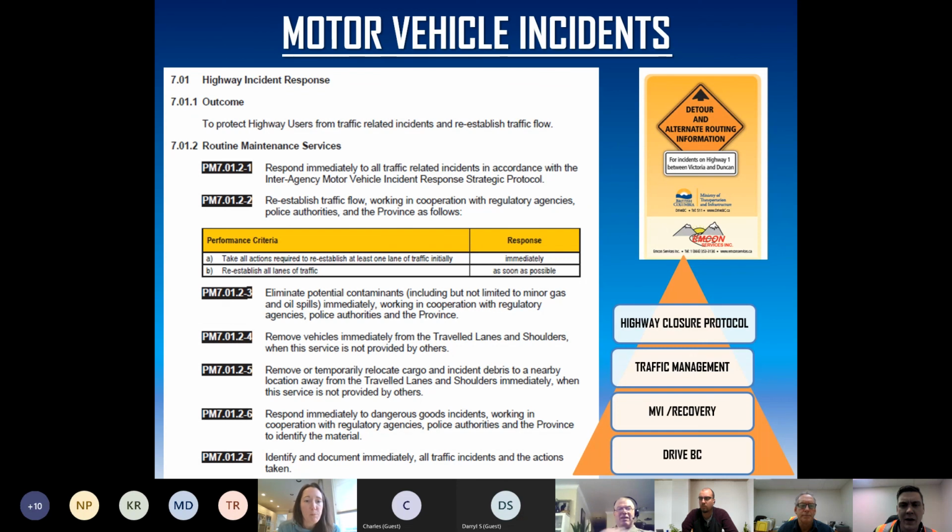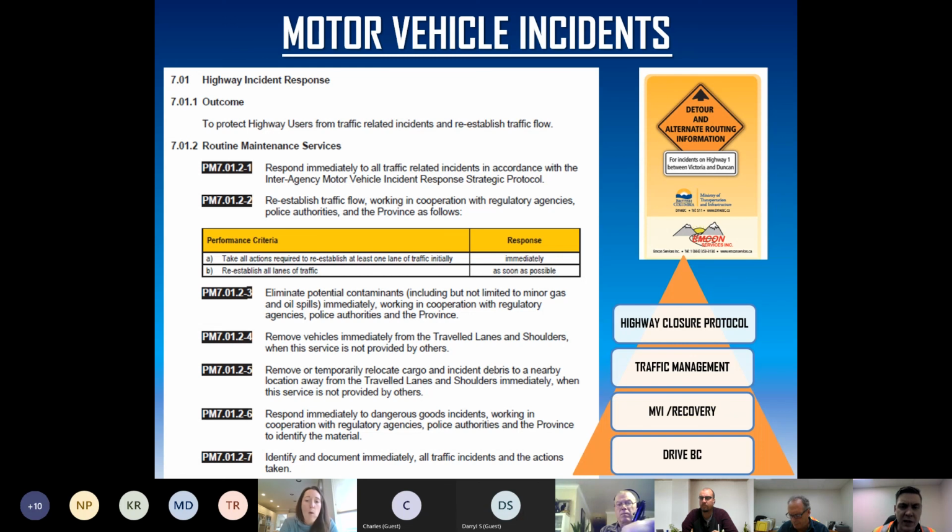Motor vehicle incidents. I just have a quick snippet of our highway incident response specification. Basically, our main goal in any motor vehicle incident is to contain the site as best we can, and then facilitate safe movement of traffic as quickly as we can.